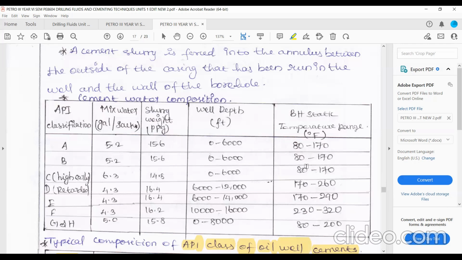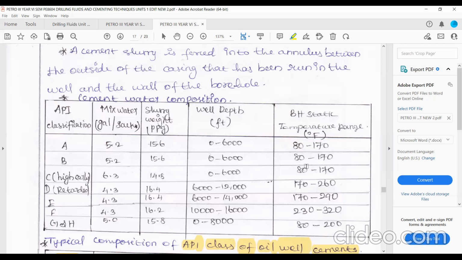You have to memorize this. Class A cement has mixed water of 5.2, slurry weight or slurry density of 15.6 ppg, well depth of 0 to 6,000, and BHST of 80 to 170. You have to memorize all the tabulated values.